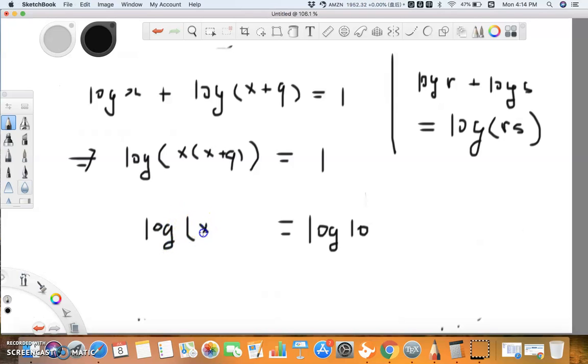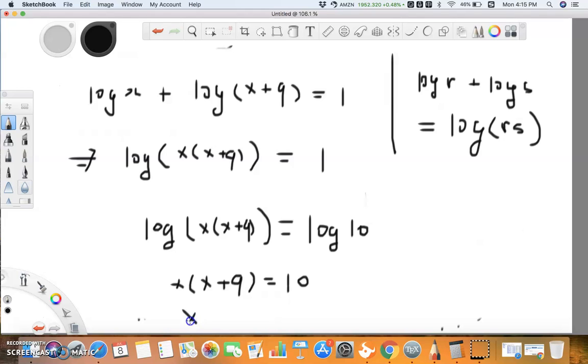So we have log of x times x plus 9 equals log 10. So we have x times x plus 9 equals 10. By doing this, we convert the original logarithmic equation into a quadratic equation.